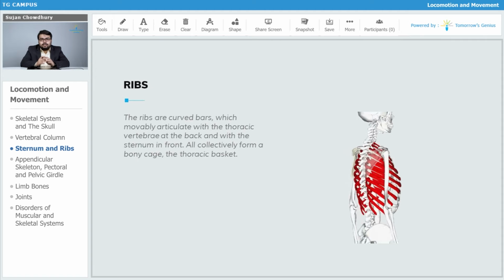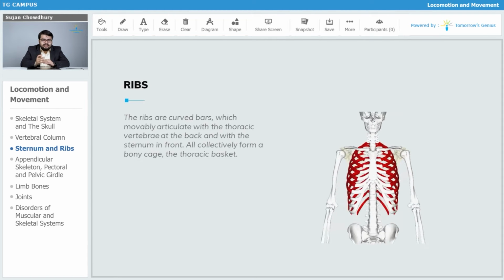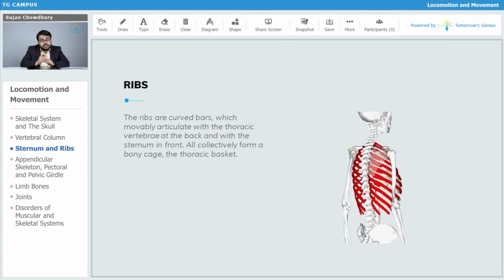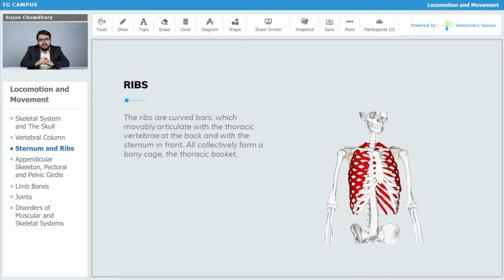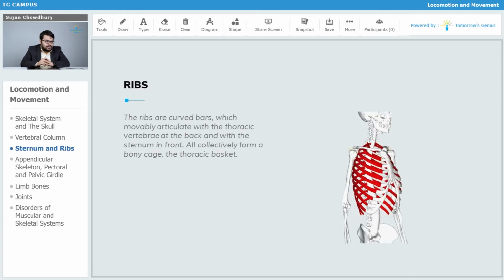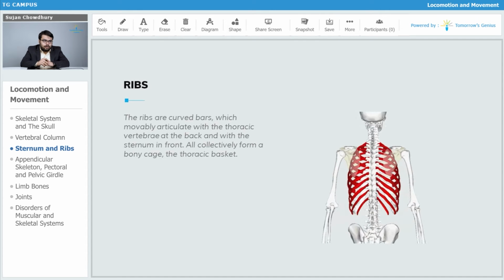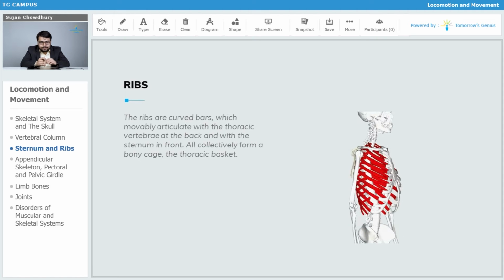So at the dorsal side, the thoracic vertebrae, and at the ventral side, the sternum. With these two structures, the ribs are articulated or joined. All of these structures collectively form a bony cage, the thoracic basket.